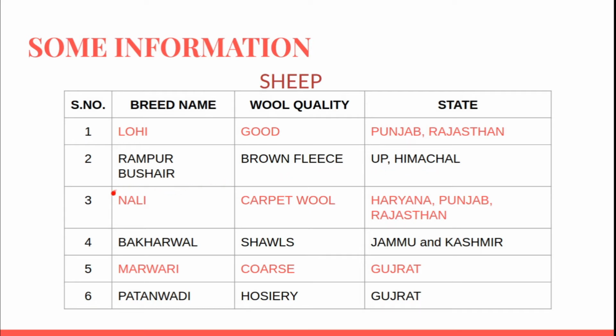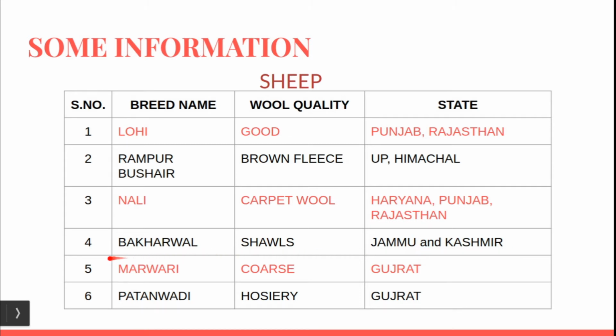Next is Nali. Nali gives you a coarse wool, which is used for making carpets, and you find this sheep in Rajasthan, Punjab and Haryana. Next you have Bakharwal. Now this sheep gives you very good quality and soft wool or soft fibers, and these are used for making shawls. And this sheep is found in Jammu and Kashmir, which is also a Union Territory.